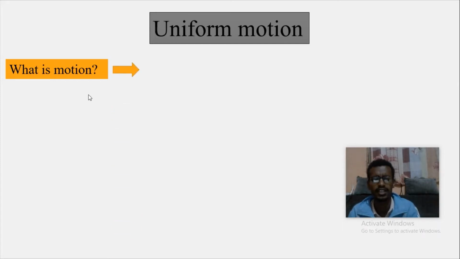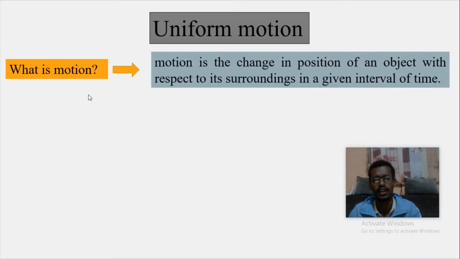Motion is a change in position of an object with respect to its surrounding in a given interval of time. When an object changes its positions from one place to another within a given interval of time, we call the object is on motion. So motion means change of positions of an object.